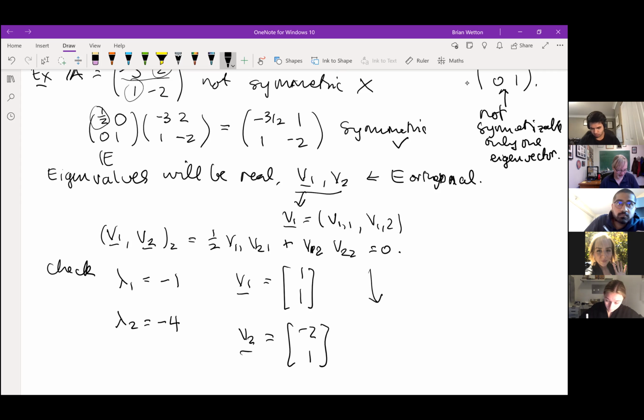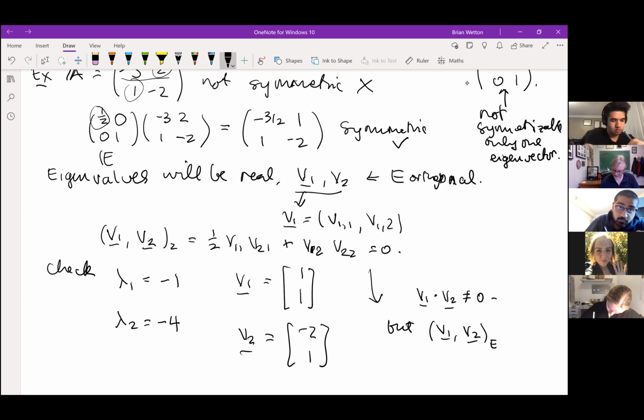And you can see here that if I take the inner product of V1 with V2, it's not 0. But if I take the inner product of V1 with V2 in the E inner product, it is 0, right? You can actually just do this explicitly, right? It's -2, but multiplied by 1/2 plus 1 gives you 0.